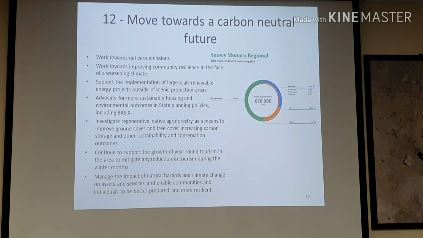That's no real surprise, but that's also an important industry to protect. So ways to make that more efficient, perhaps through regenerative agriculture, agroforestry and those sort of things to offset potential carbon input.